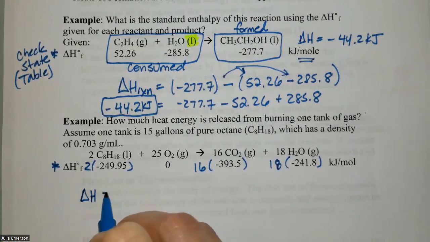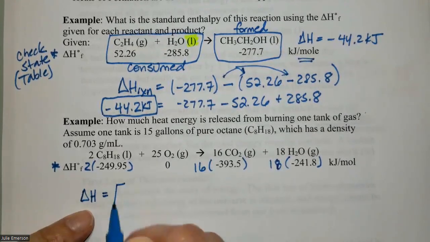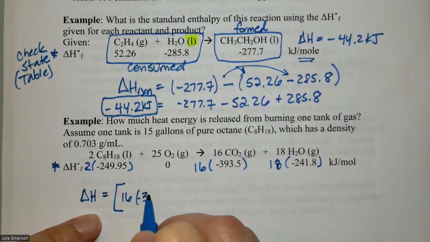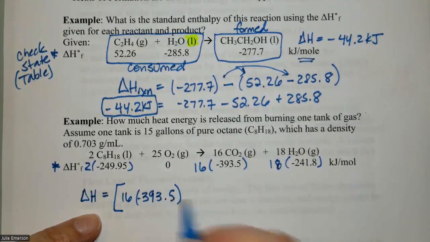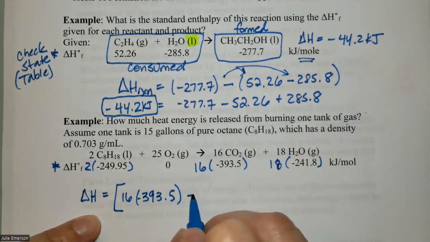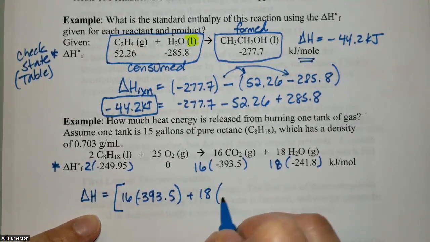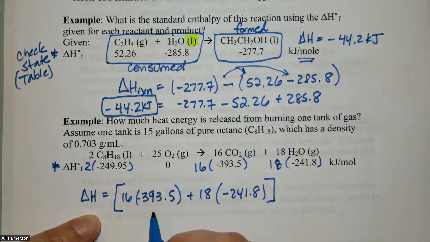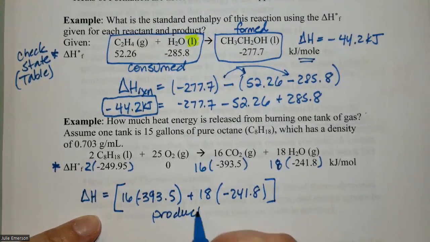All right, so products, I'm going to use big brackets. I've got 16 times negative 393.5. And I would add that to 18 times negative 241.8. Okay, so this is all my products.